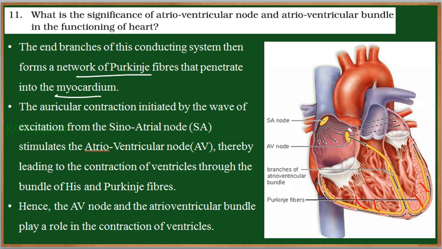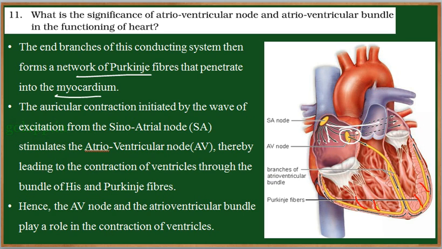Now, the function of this AV node. Once the SA node produces the electrical impulses, some of the impulses will be absorbed by the AV node and stored within it. The remaining electrical impulses will reach the upper chambers, the right auricle and the left auricle, and these two chambers contract.